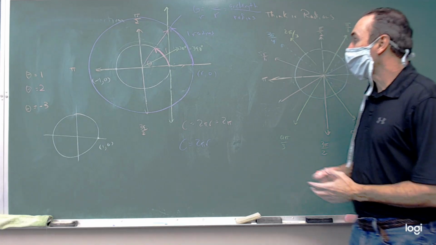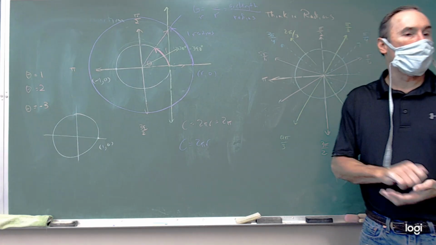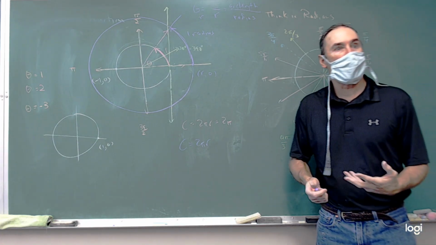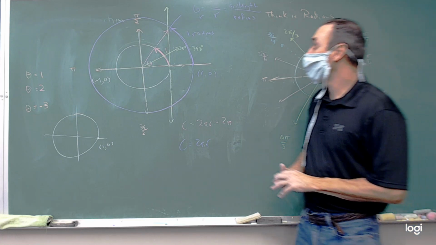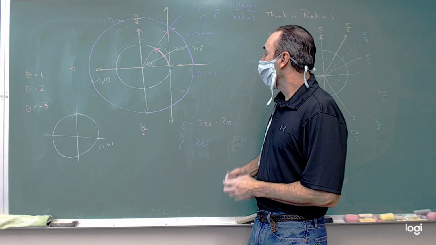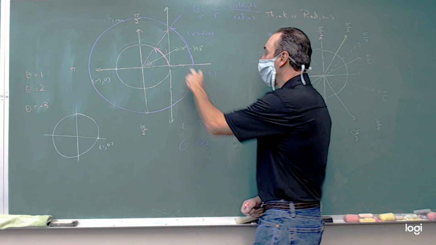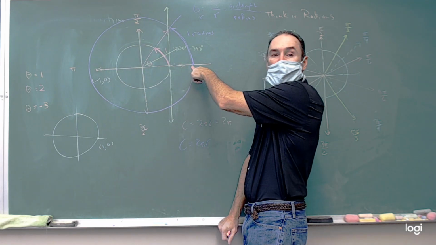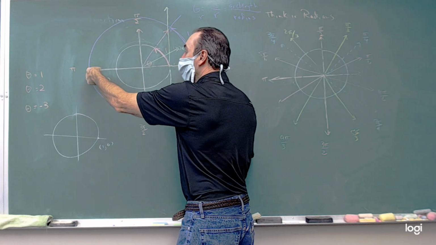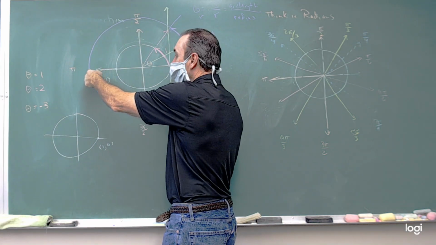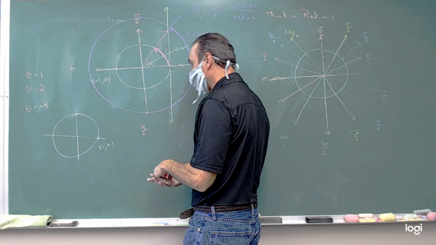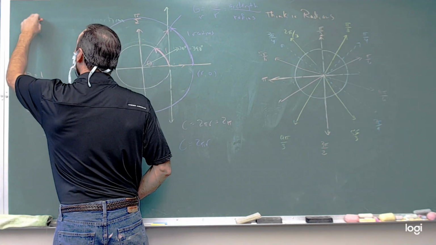Now, what we want to do, to get an intuitive feel, because we have a good understanding of degrees. Oh, I'm never going to have enough time here. So we have a good idea of degrees. Since there are 2 pi radians in a full circle, and pi radians is a semicircle, pi is equal to 180 degrees.